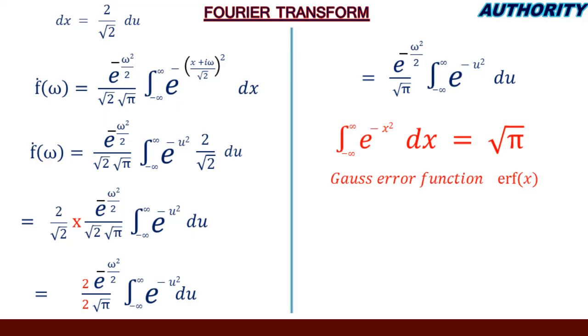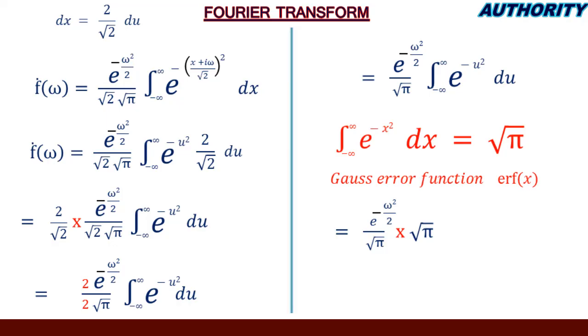So this integral from negative infinity to positive infinity of e raised to the power of minus u squared du gives us square root of pi.